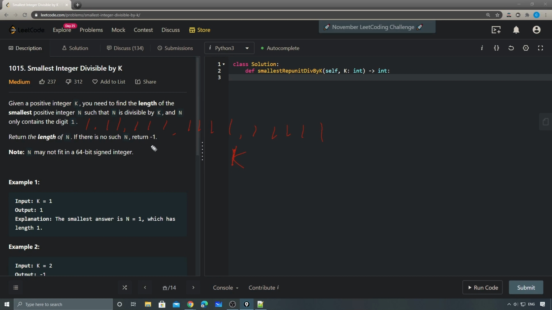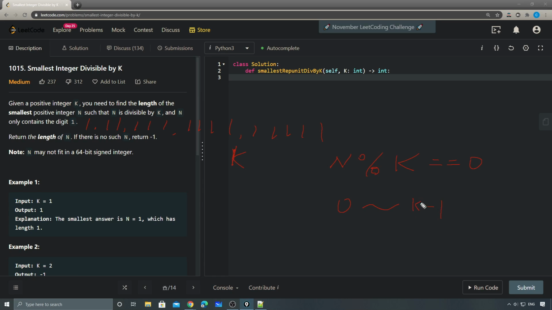And why is that? Divisible by k means that if we do n modulo k and this thing is 0, then we know n is our answer. But how many possible remainders do we have for k? Of course, it's from 0 to k-1.